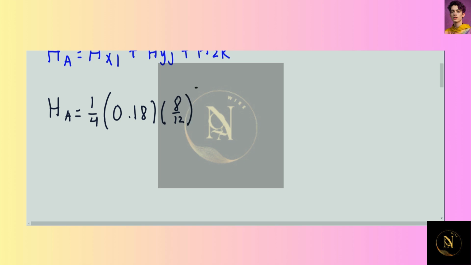squared, times 8i, plus 2 times 16j. Put this in its own parentheses.